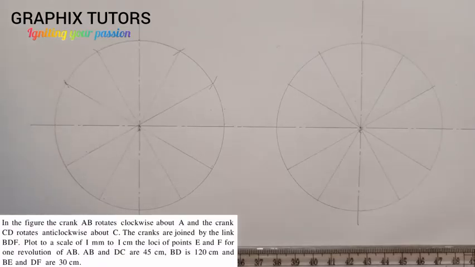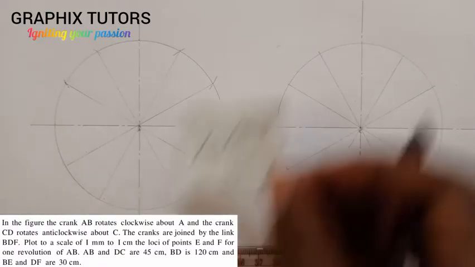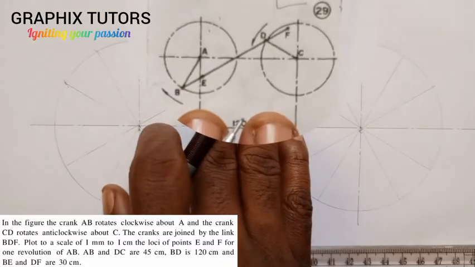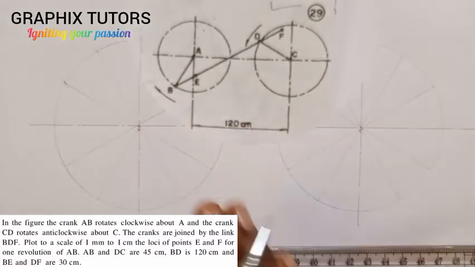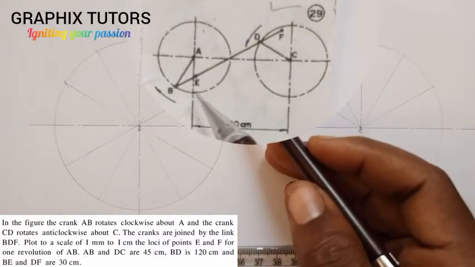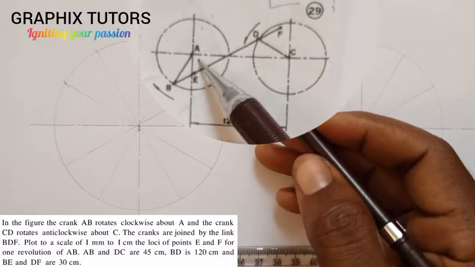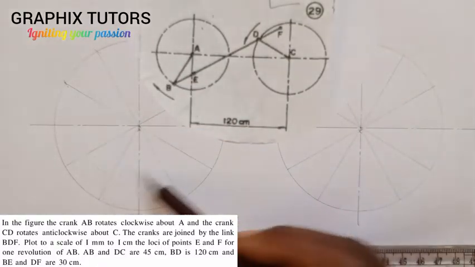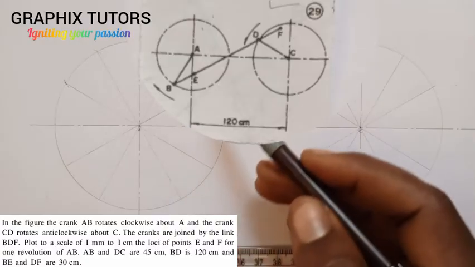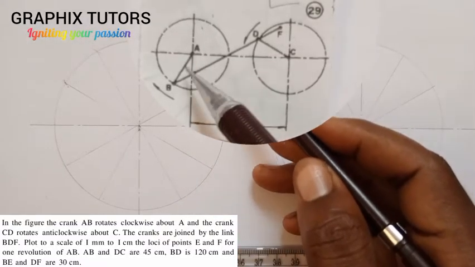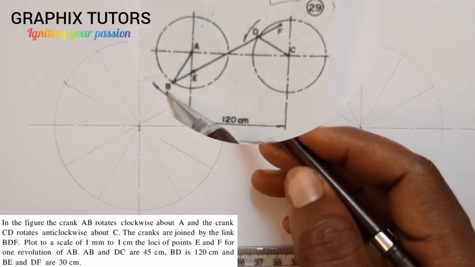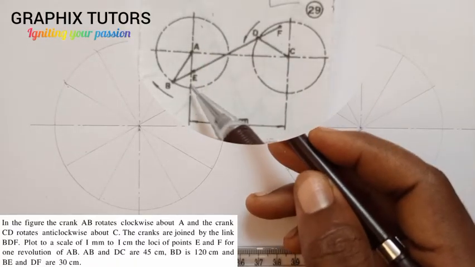Now if you go back to our diagram here, you'll discover that our link is connected to one of those division lines. So we call it A and B, and it's closer to the vertical line here.